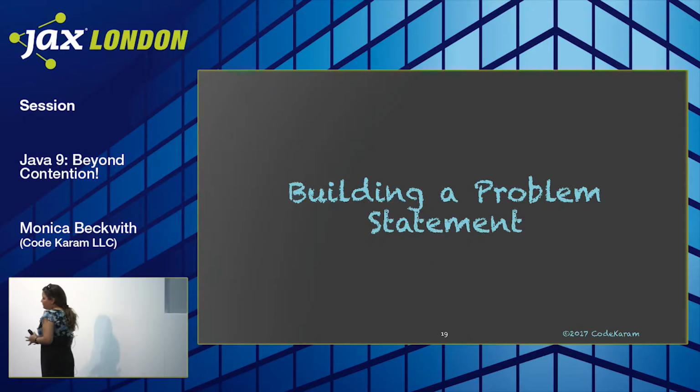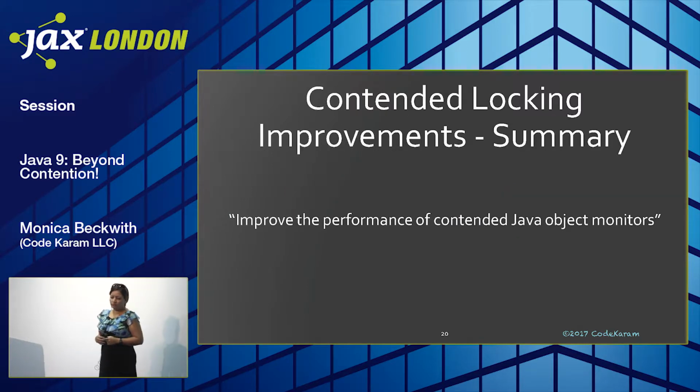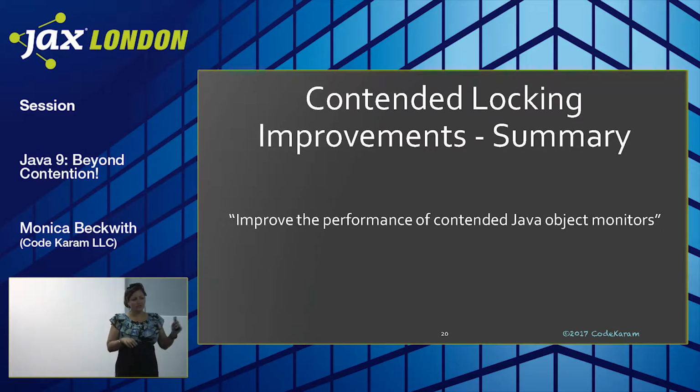Now we have a background on what locking means and what an inflated lock means. Let's try to build a problem statement. Because this is already there, Java 9 has it. If you try Java 9 today, you will get this performance improvement.